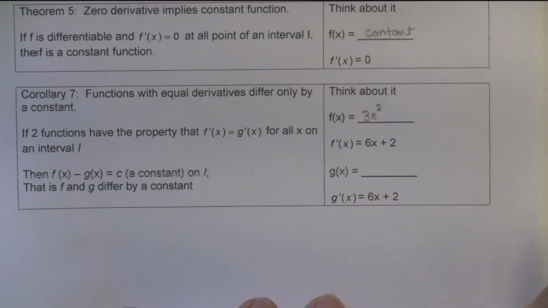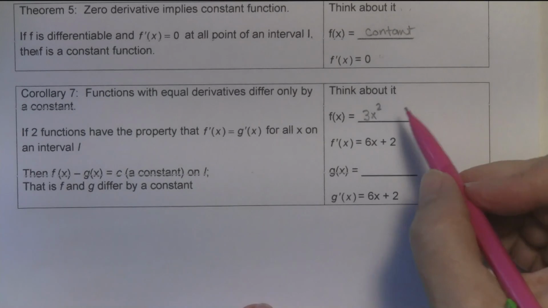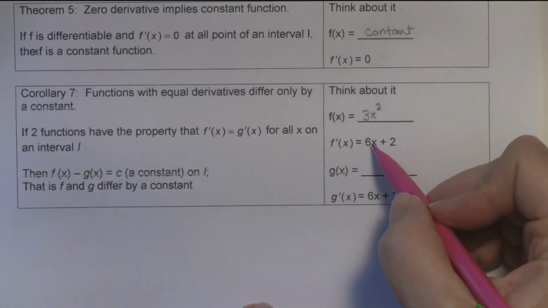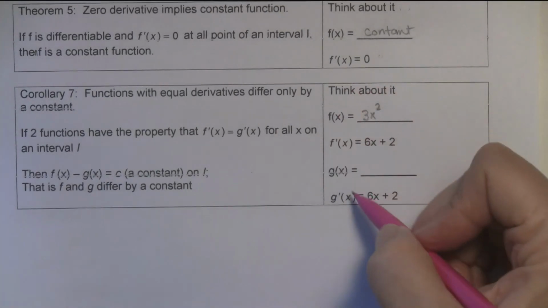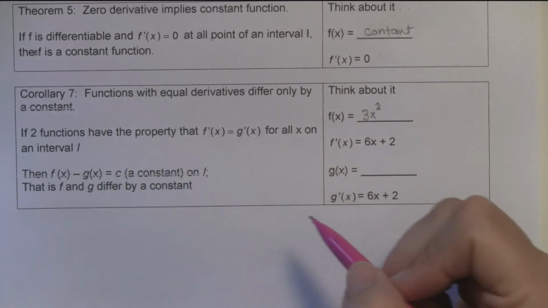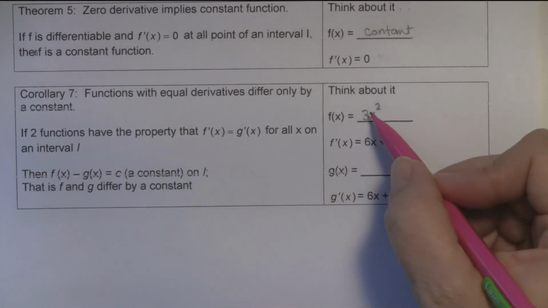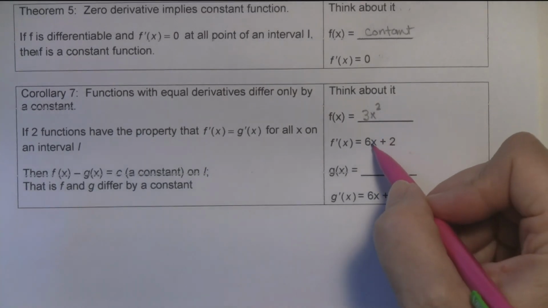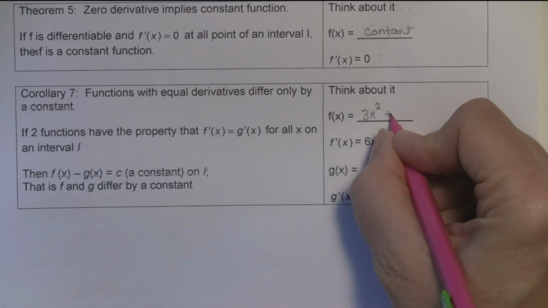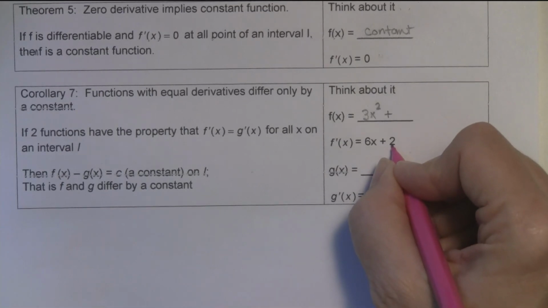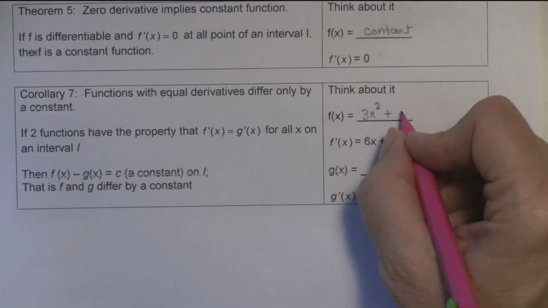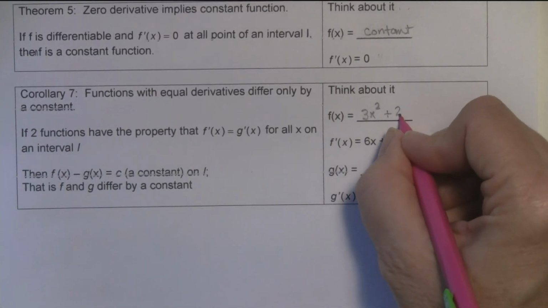So is there anything else that you can think of that when you take the derivative of it, you get 6x? All I'm trying to do is to get you to see that it's reasonable what they're saying, right? And so when I take the derivative of 3x squared, I get 6x. What do I have to have so that when I take the derivative of it, I get 2x? 2x is the answer.